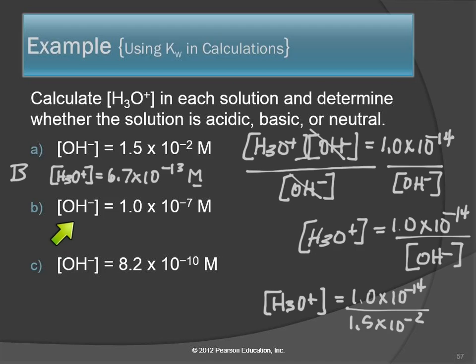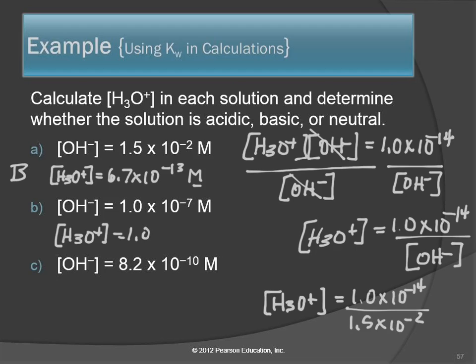Now this one, the hydroxide ion concentration is 10 to the minus 7. You can do the calculation, but if the hydroxide ion concentration is 10 to the minus 7, what does the hydronium ion concentration have to be? 10 to the minus 7. Because that's that neutral point, right?